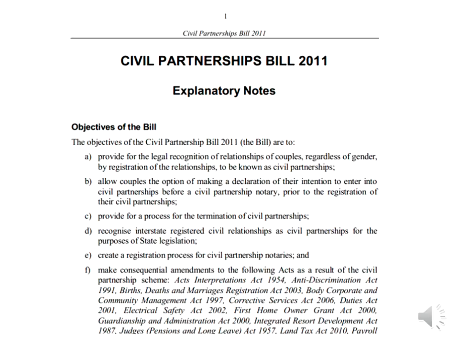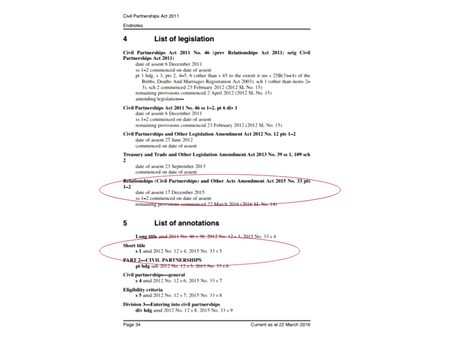That would provide the original bill with much more detail about the objectives of the bill, what it was seeking to achieve, and what the legislation would cover. So that's where all of those changes went to.